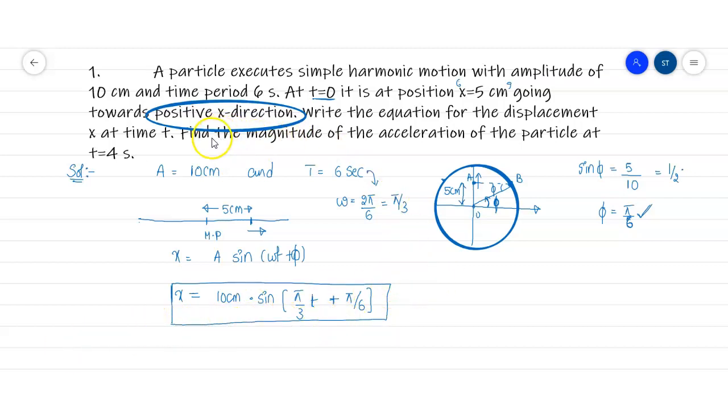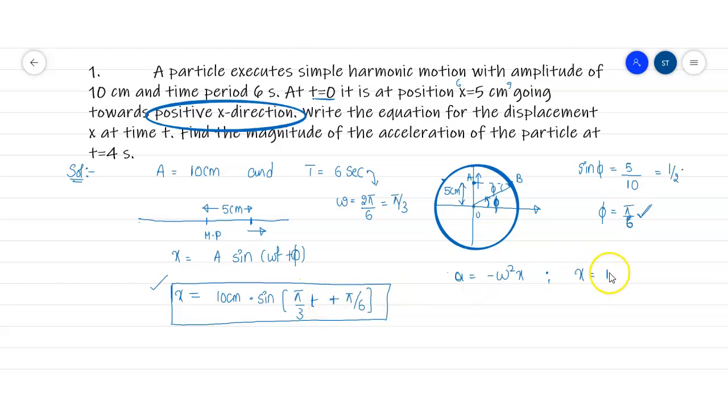Next, one more thing they have asked is to find the magnitude of the acceleration of the particle at t is equal to 4 seconds. So we know that in SHM acceleration is equal to minus omega square x. So first thing we are going to do is calculate x when t is equal to 4 seconds. As we already know the expression for x, substitute t is equal to 4 seconds here.